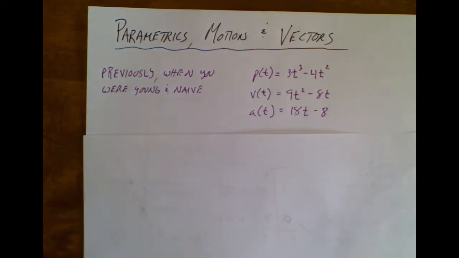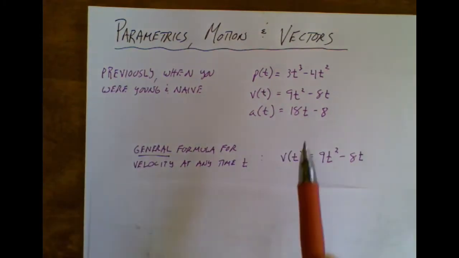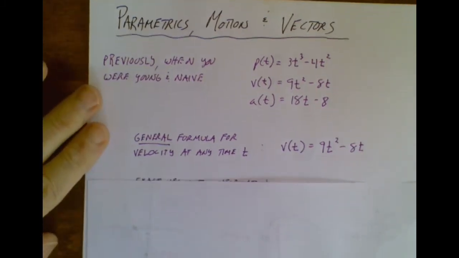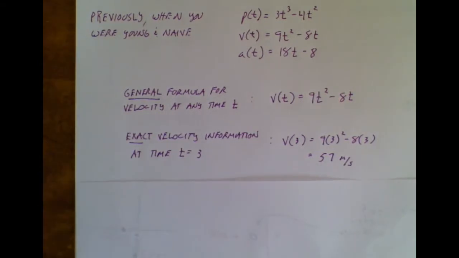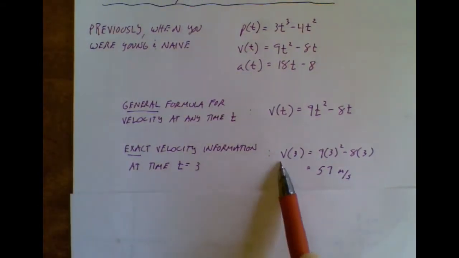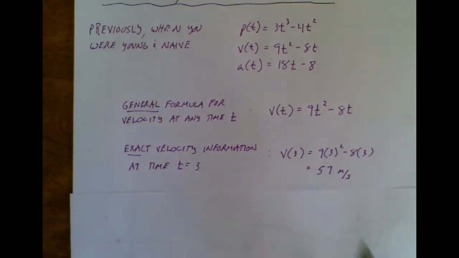And when you looked at these items, these gave you basically a general formula for position, velocity, or acceleration at any time t that you cared about. If it so happened that you cared about a specific time, then you plugged it in, and because you respect symbolism, you wouldn't just write v of t equals this, you would write v of 3, because now we're looking at very specific information, or a very specific spot in time.